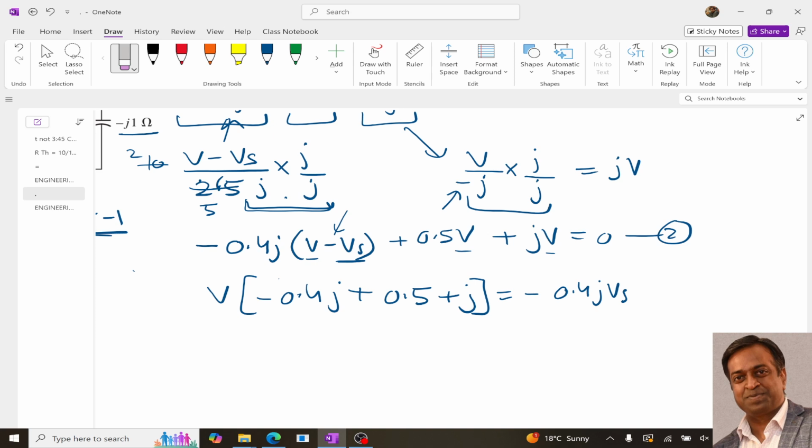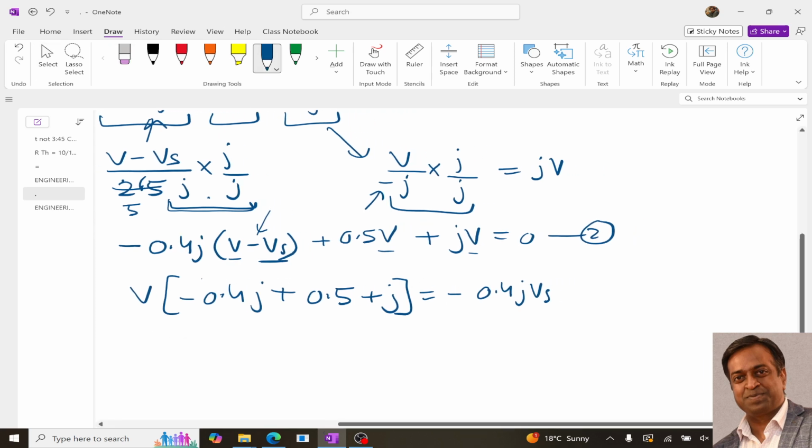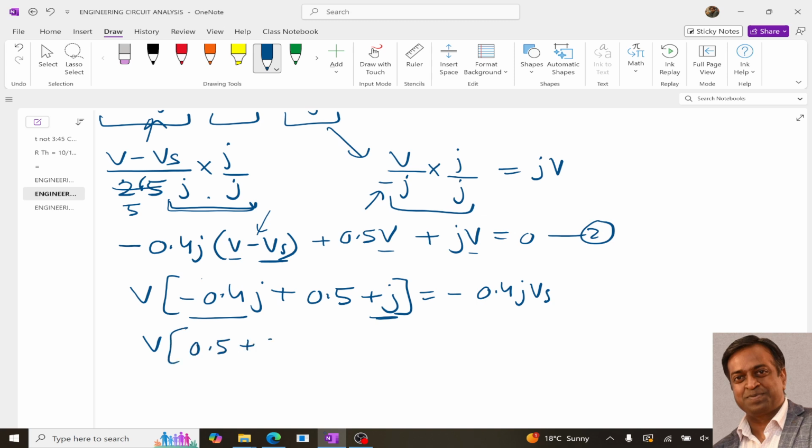So our V term can be expressed as minus 0.4j plus 0.5 plus j, which gives 0.5 plus 0.6j, equal to minus 0.4j Vs.